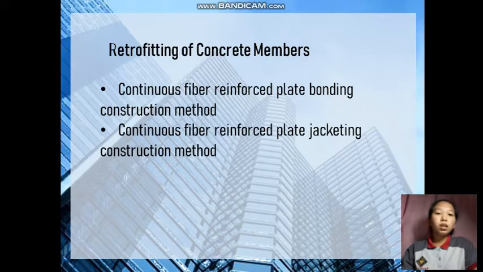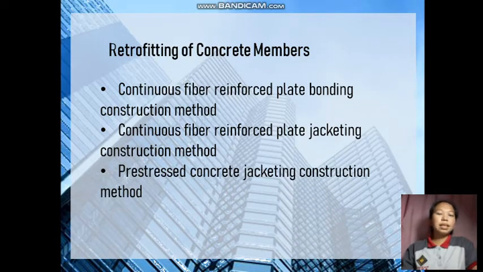Then the next one is the continuous fiber reinforced plate jacketing construction method. In this, jacketing with continuous fiber reinforced plates around the periphery of the existing structure. This is to restore or improve the load carrying capacity and the deformation characteristics.